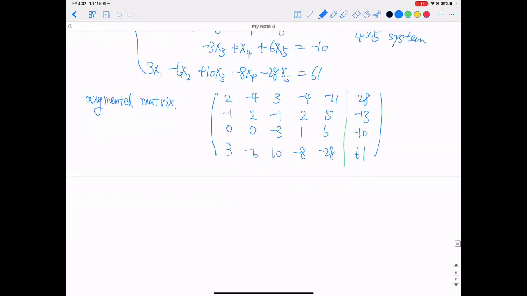So here we're gonna do something slightly different. We already know that the first column contains the first non-zero entry in any row. So if we do this, R1 plus R2, we would keep R2, R3, and R4.